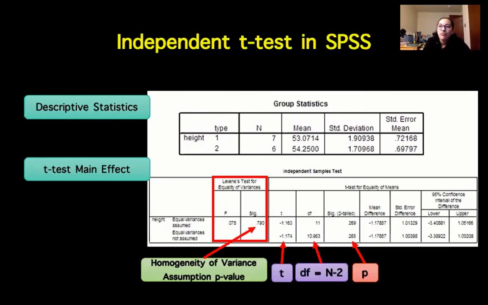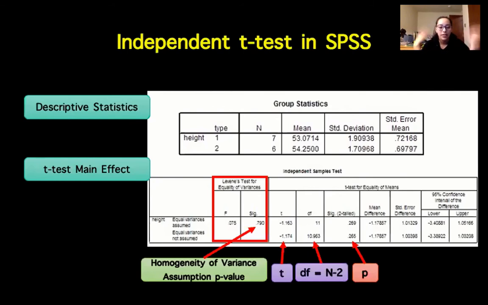Last spring, when we transitioned to being online in the middle of the semester, I gave students the outputs. Last semester, I did the exact opposite, and everyone ran their own tests in SPSS. And I've gotten good results both ways.